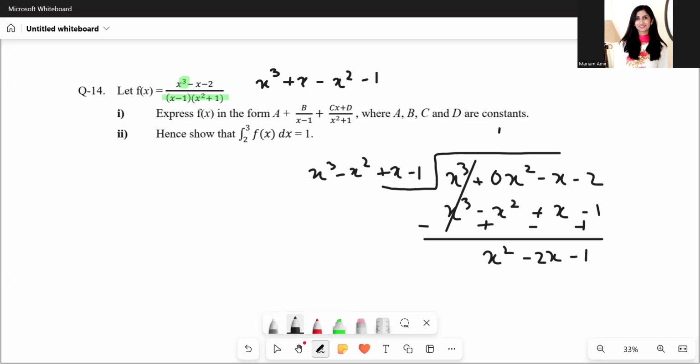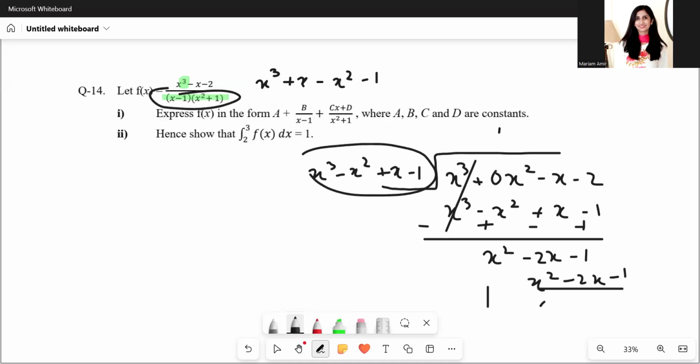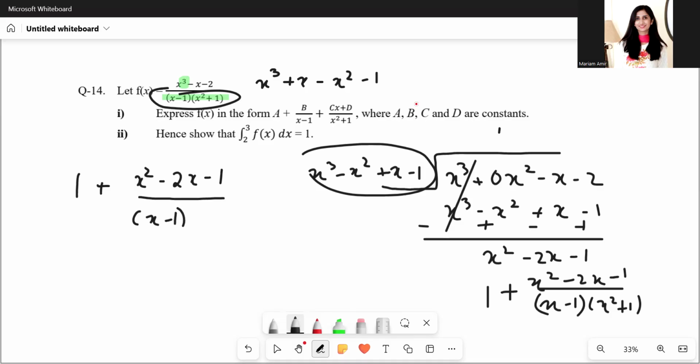So the mixed fraction becomes 1 whole plus x squared minus 2x minus 1 divided by this, and I'm writing this in product form again, which is (x minus 1)(x squared plus 1) in factorized form. Okay, so we get 1 whole plus the other fraction (x squared minus 2x minus 1) upon (x minus 1) over (x squared plus 1).